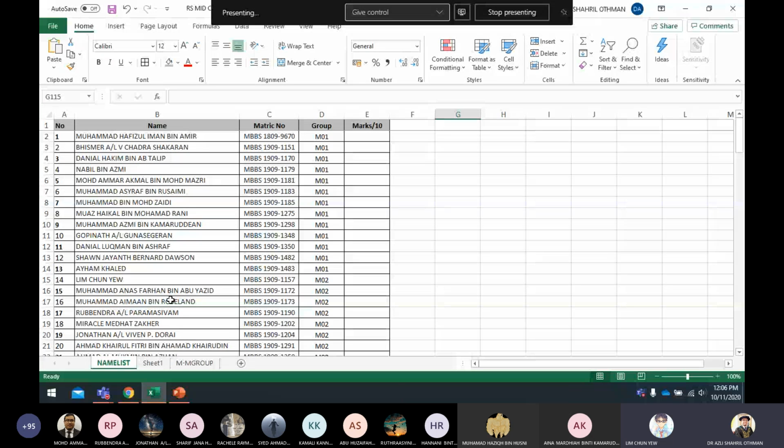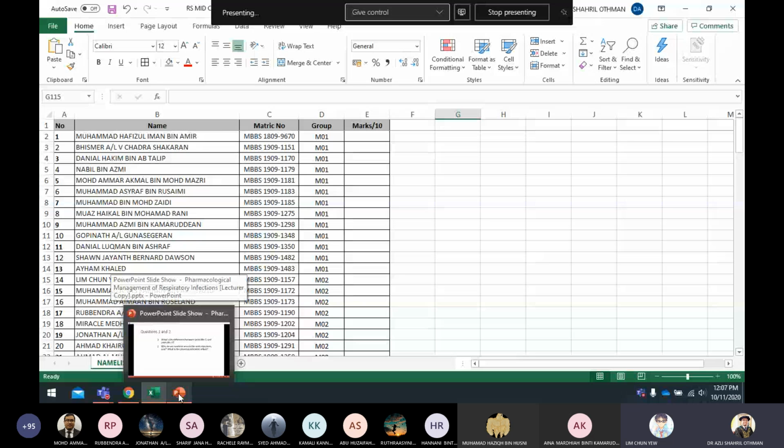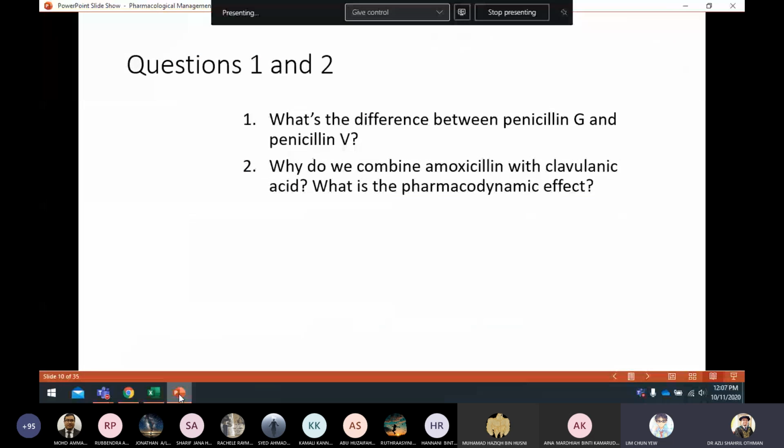And then, penicillin G is effective against a wider spectrum of bacteria compared with penicillin V. That's all.